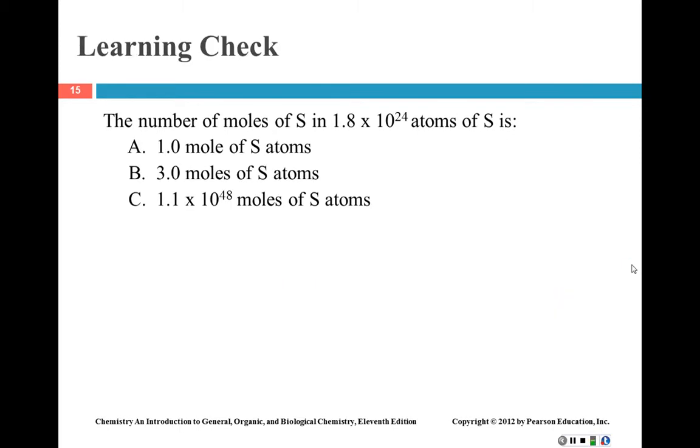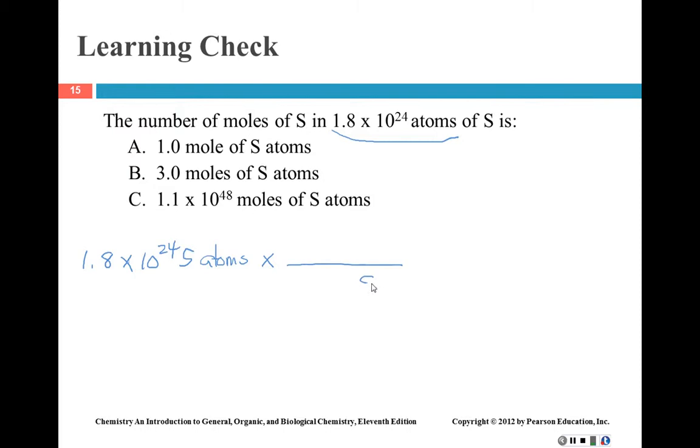The number of moles of sulfur in 1.8 times 10 to the 24 atoms of sulfur. Now this time it's turned around. This time what we're given is 1.8 times 10 to the 24 atoms of sulfur. So we write that first, 1.8 times 10 to the 24 sulfur atoms. So since we're given sulfur atoms this time, what do we know goes on the bottom?